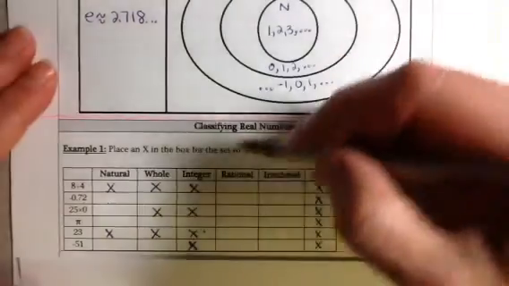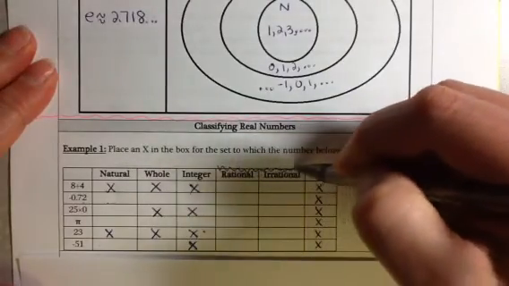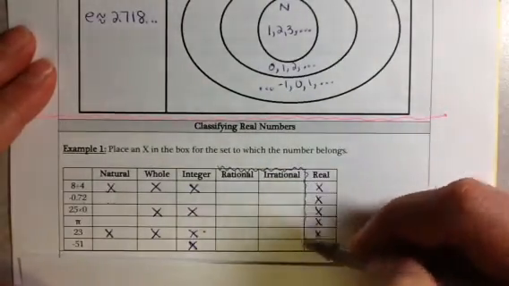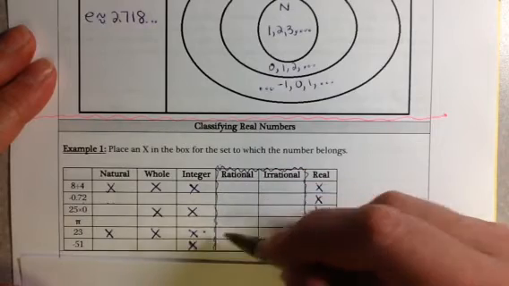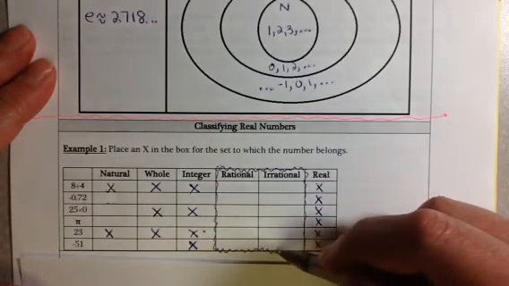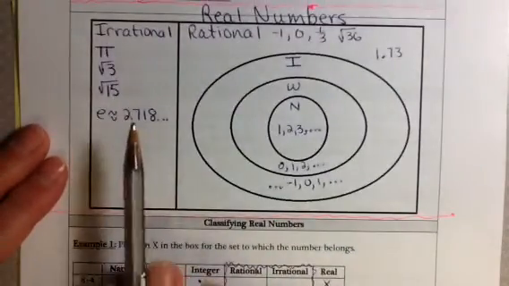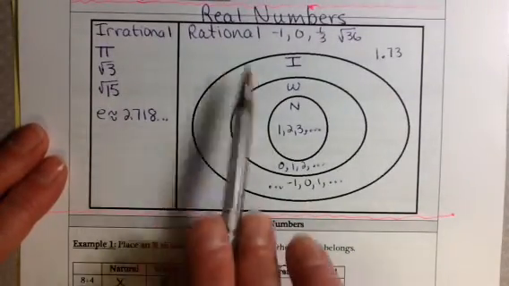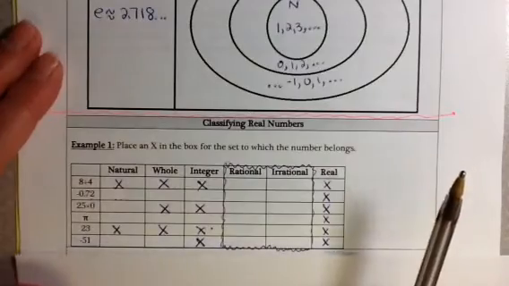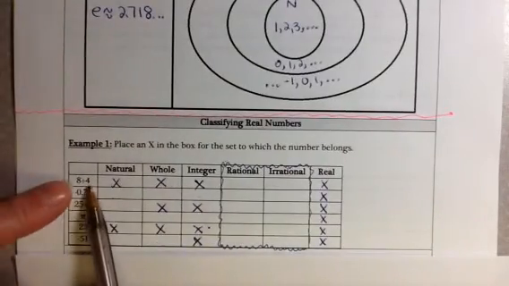Okay, now what I'd like you to do is put a little squiggly box around this. The reason I'm having you do that is because numbers can either be rational or irrational. They can't be both. So you have to choose. Just like up here, it's either rational or irrational. Okay, so let's look at this.